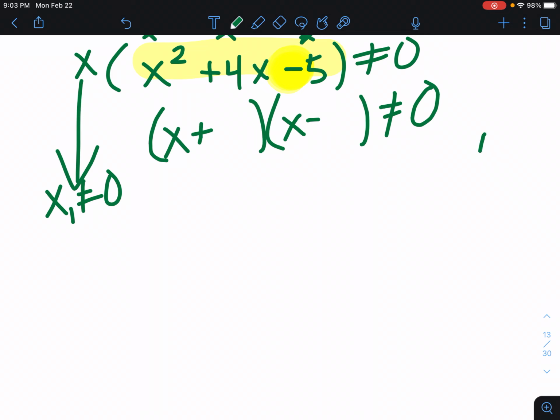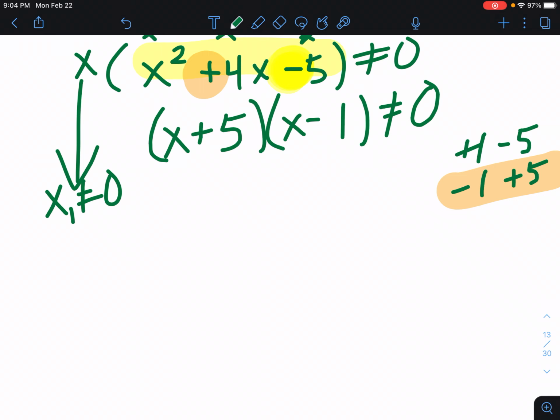So is it going to be plus 1 minus 5 or minus 1 plus 5? We need to look at the B term here. The B term's a plus. So which of those makes a plus 4? It would be that. So we need the minus to go with the 1 and the plus to go with the 5.